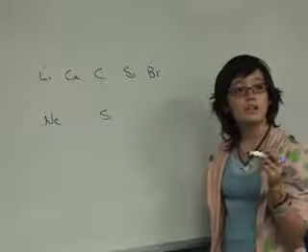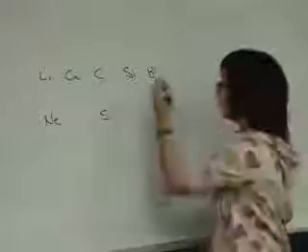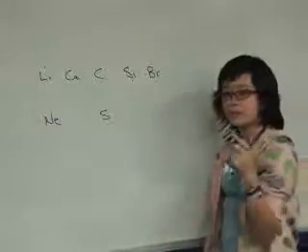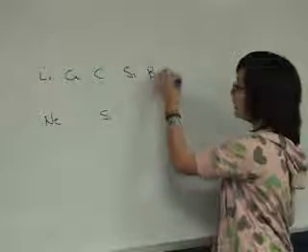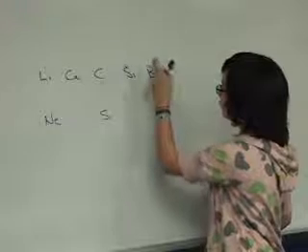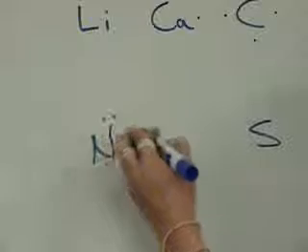Bromine is 7, so 1. And then when you have extra electrons, you put them right next to the other one. So 2. And then for neon, it's a noble gas, so it has 8 electrons.